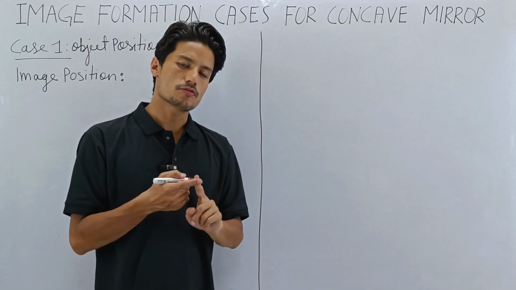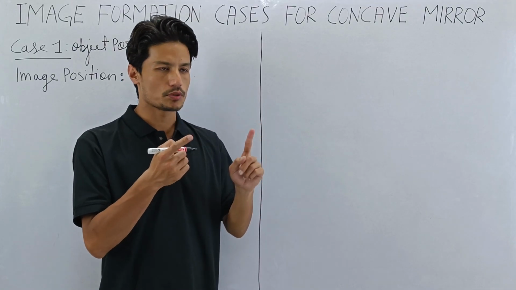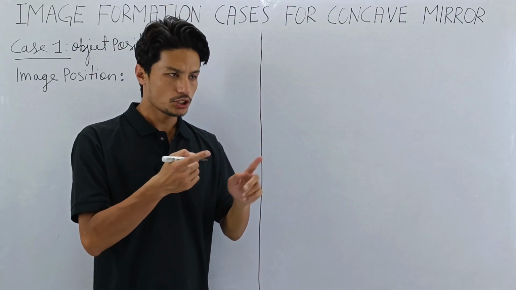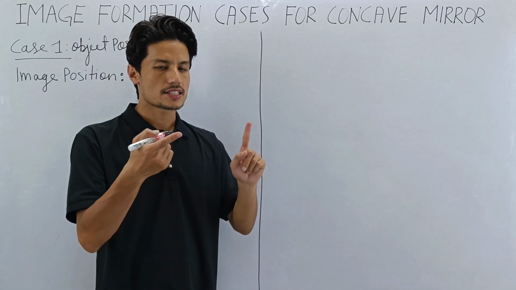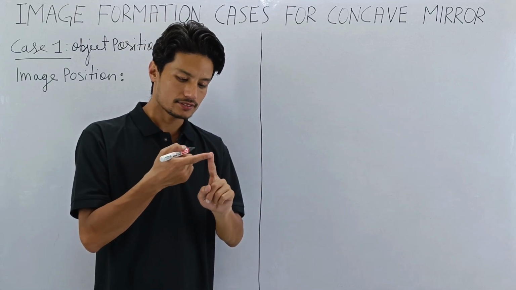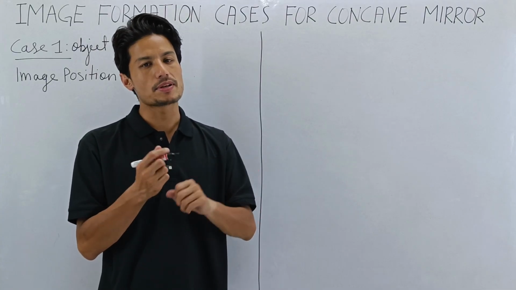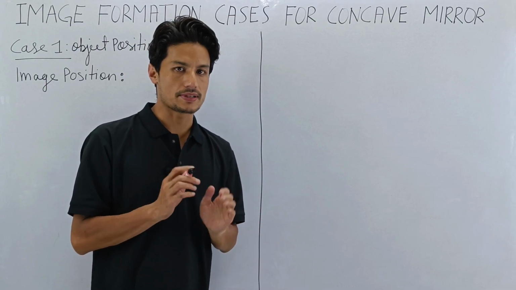That is where the image is formed. Please remember that to study the image, we study the reflected rays, not the incident rays. At the very point where they intersect each other, that is where the image is formed. Please remember that.